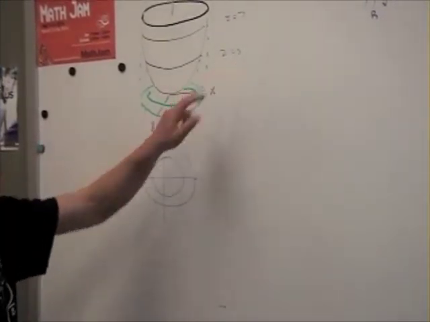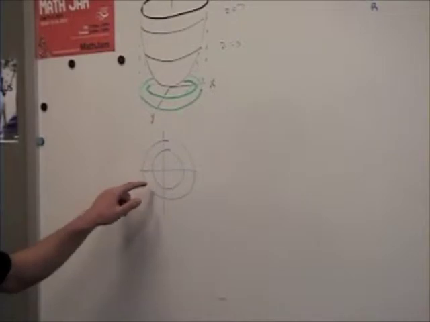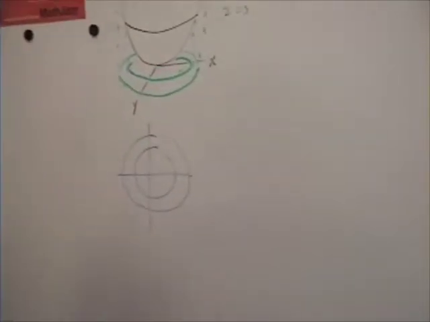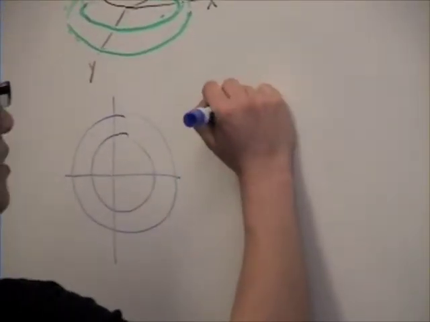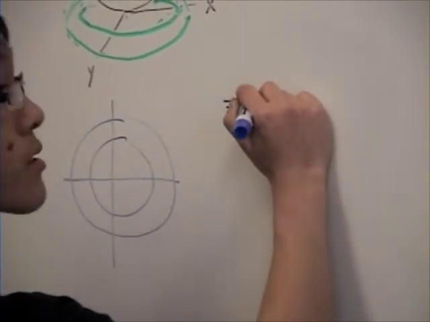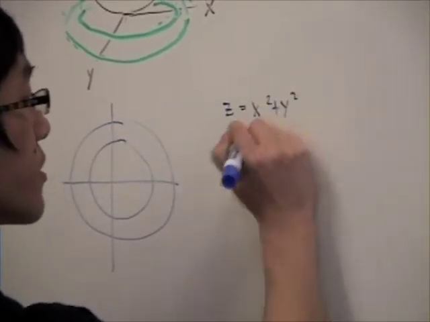At z equals 5, it'll make this shadow right here. And the radius of that will come from z equals x squared plus y squared.